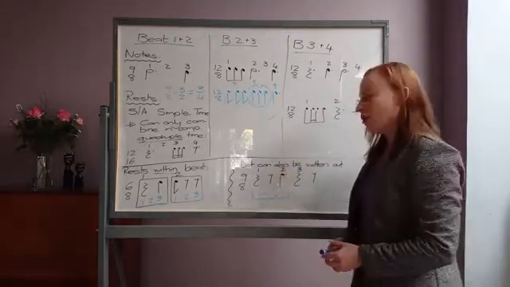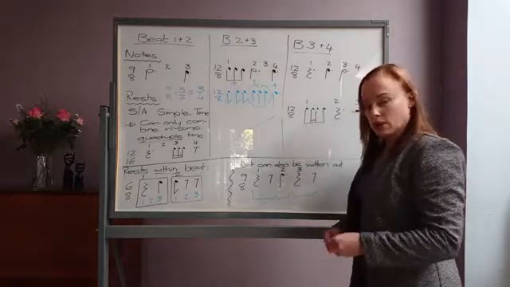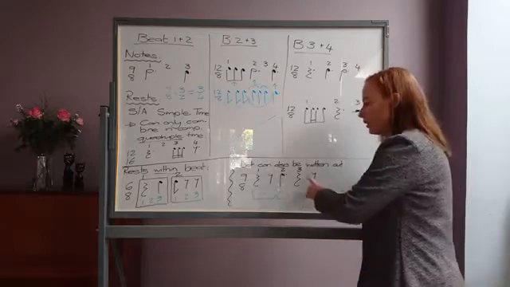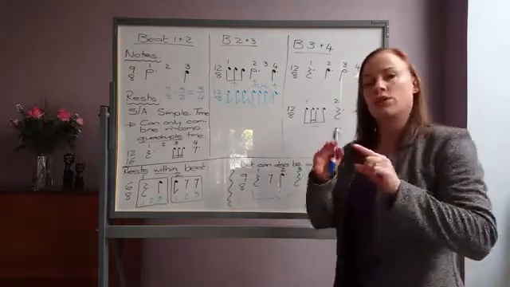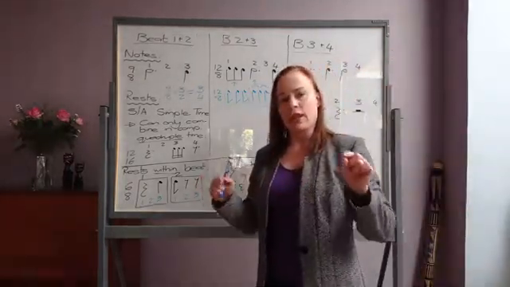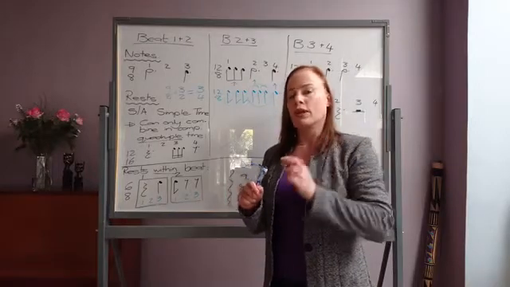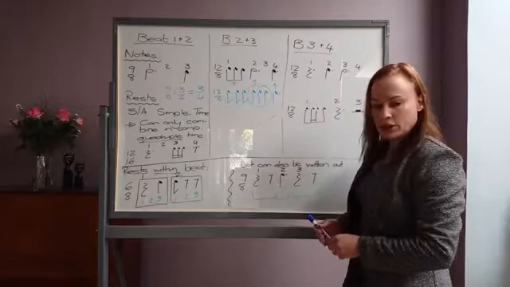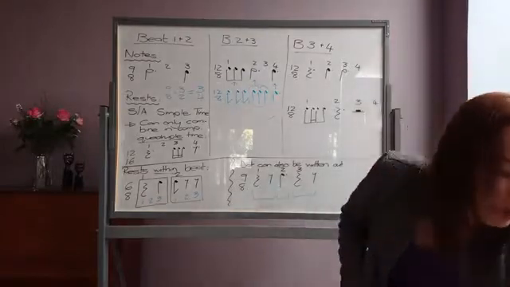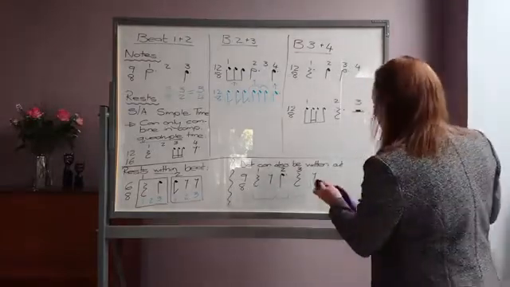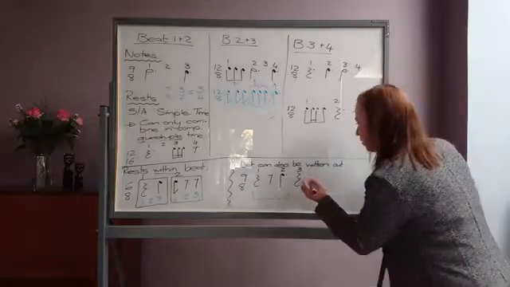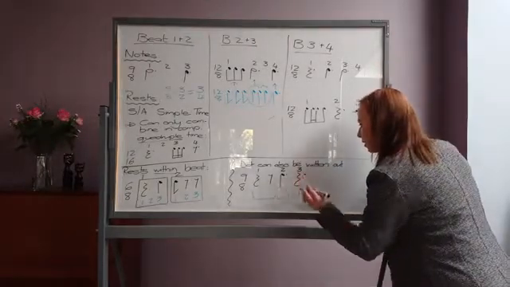Okay, very important though is if you do decide to use this method, just be consistent throughout that particular example. You're not allowed to do it like this, say for example on the first beat, and then when we get to the third beat here, we cross over to writing it like that.